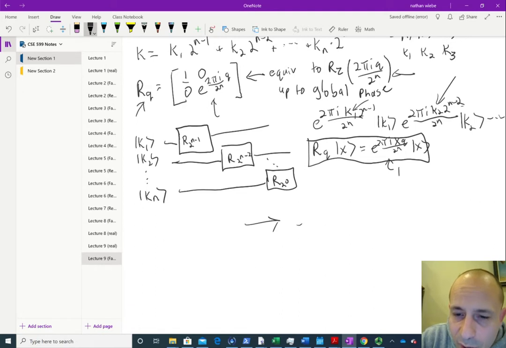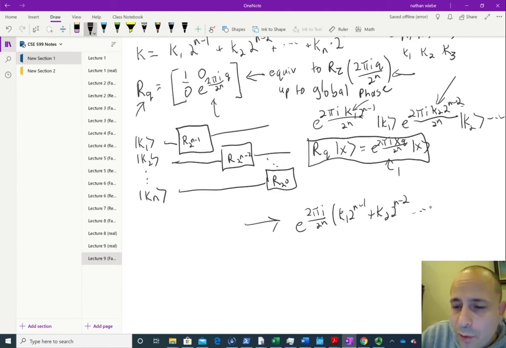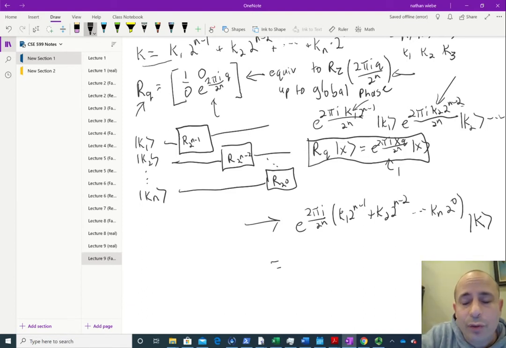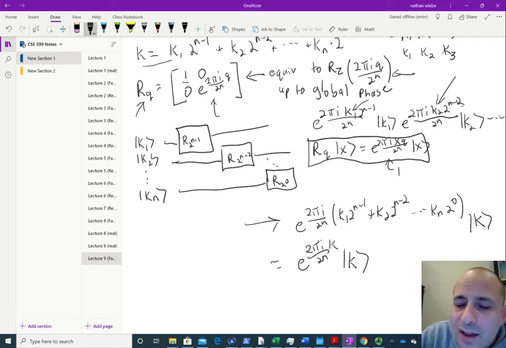The output becomes e to the 2 pi i over 2 to the n times k1 2 to the n minus 1, plus k2 2 to the n minus 2, going all the way down to kn 2 to the 0. I'll group all of these together again as k. Now, if you recall from the binary expansion for k at the top over here, this is e to the 2 pi i divided by 2 to the n times k, and that is equal to U_k.